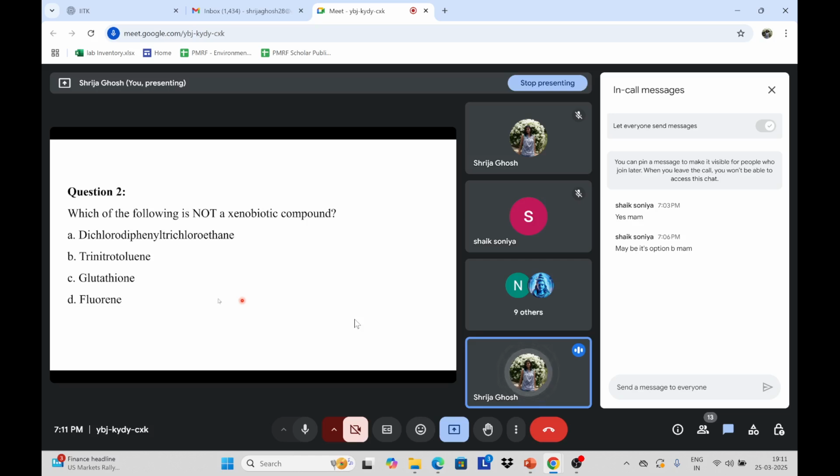Now tell me, which of the following do you think is not a xenobiotic compound? Three of them are xenobiotic compounds, only one of them is not. Come on, write your answers.